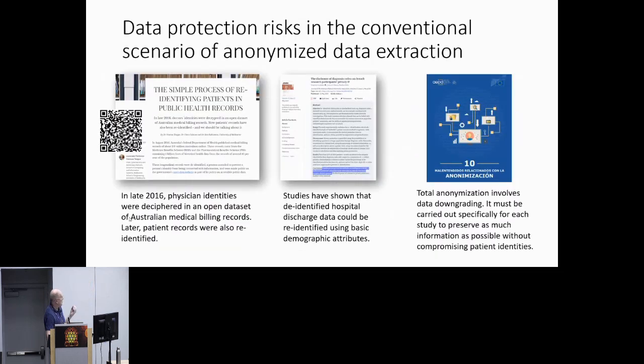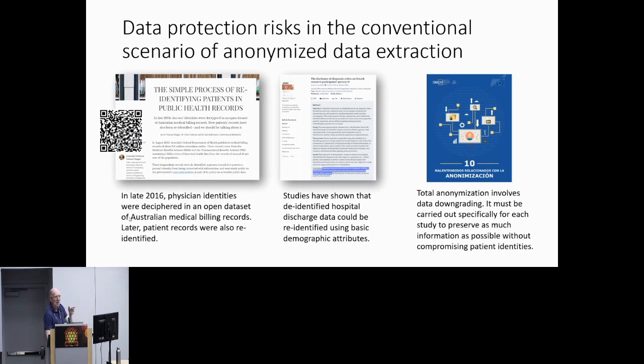So there are a lot of problems that you probably know. I'm not going to extend on that, but health data is very easy to identify. You cross the data, the patient histories, with social networks, for example, and you can identify people easily.